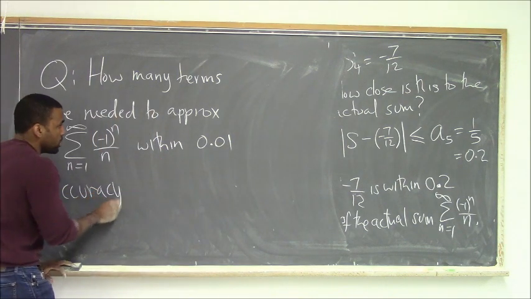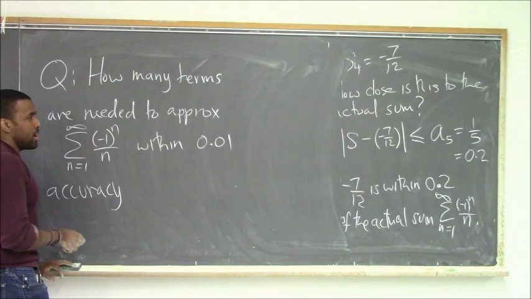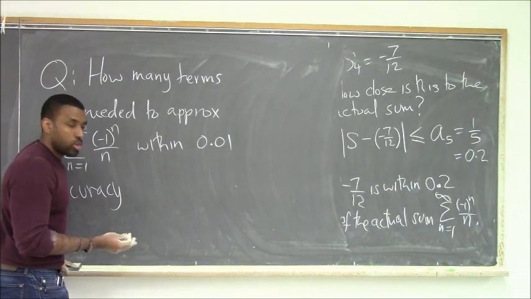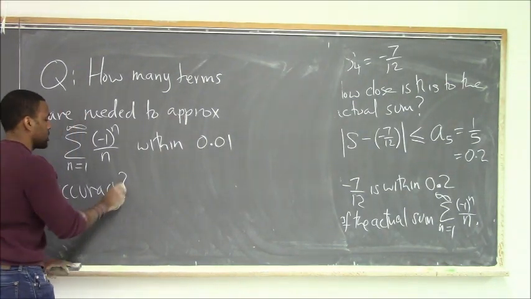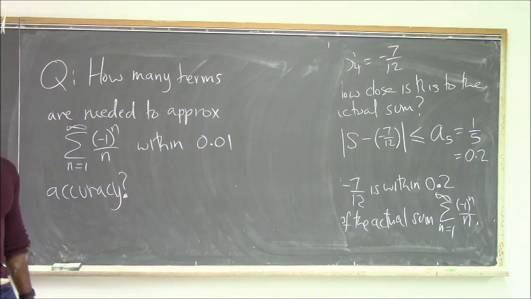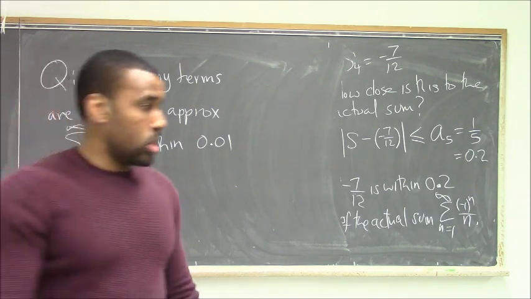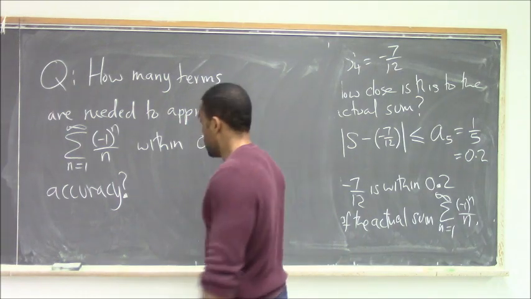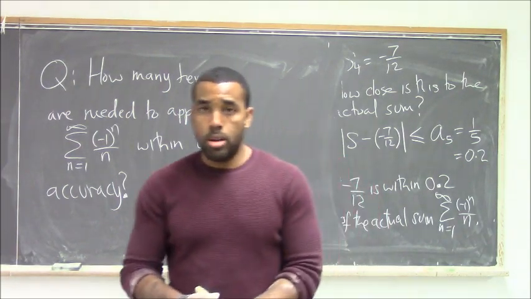So let's say I only want to be off by 1/100th of the actual answer or less. How many terms of the series would I need to add? So think about that for next time, and we're going to wrap that up.